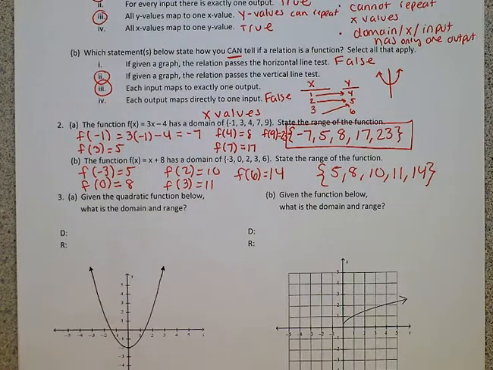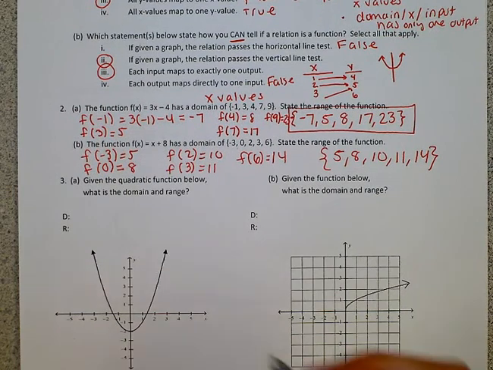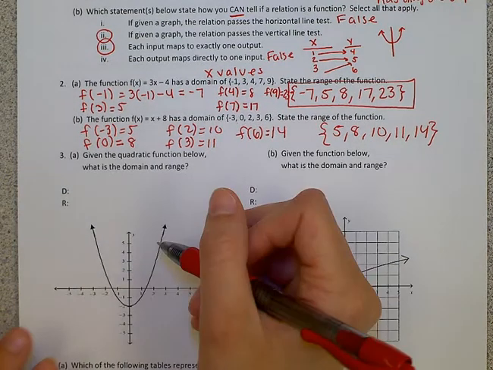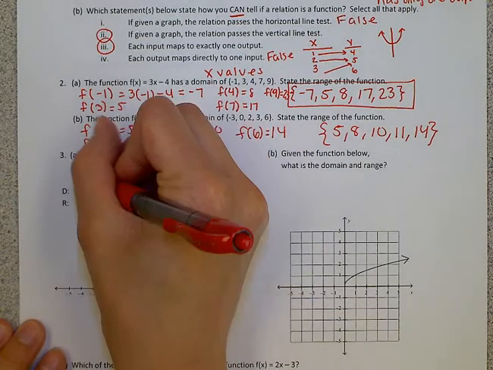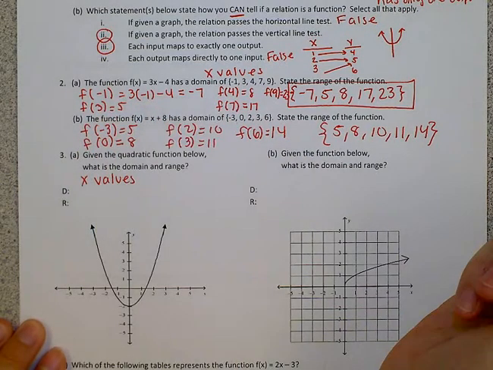The next example, number 3: given the quadratic function below, and remember for 3a, quadratic means it's a parabola, what is the domain and range? For this graph, your x values are going on forever in both directions, left and right.